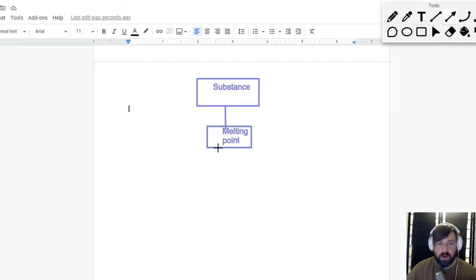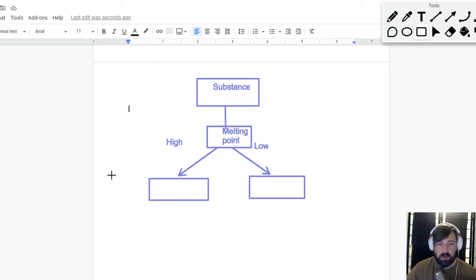Then you're going to have 2 options, right? It can either be high or low melting point. And then you make another test on both sides. Maybe this test is going to be conductivity.